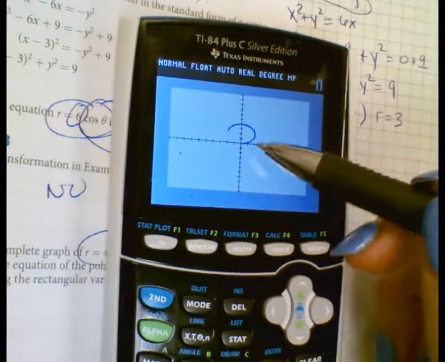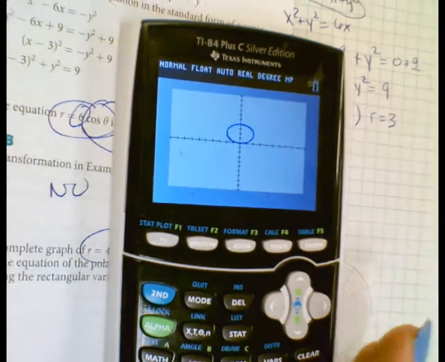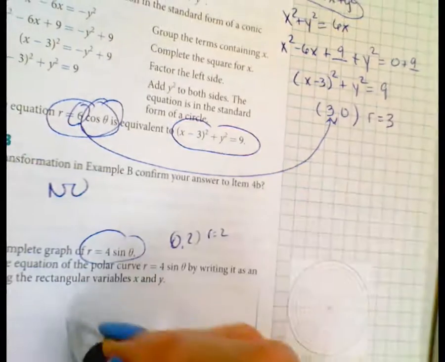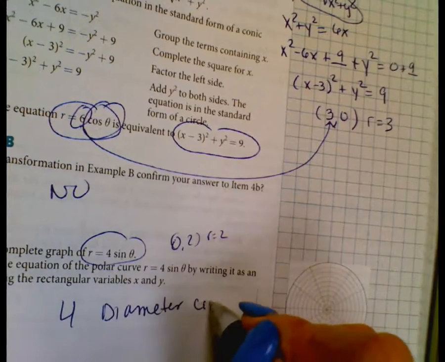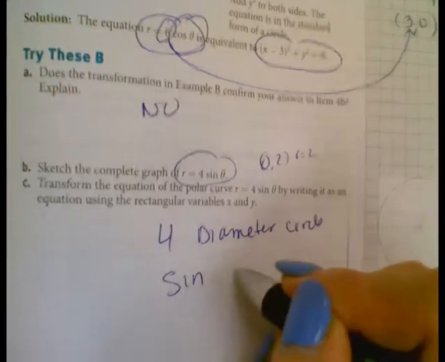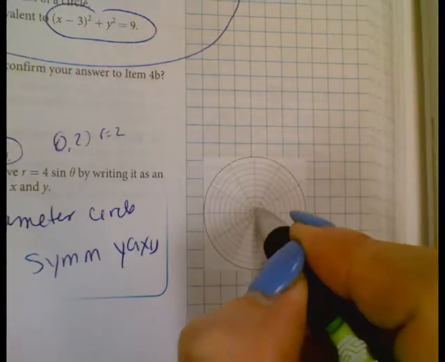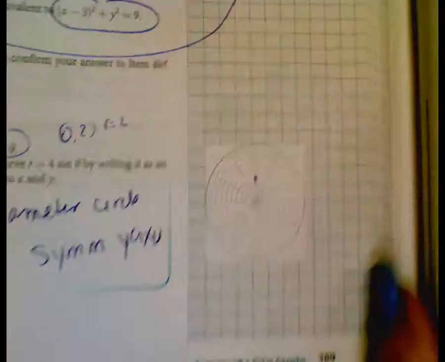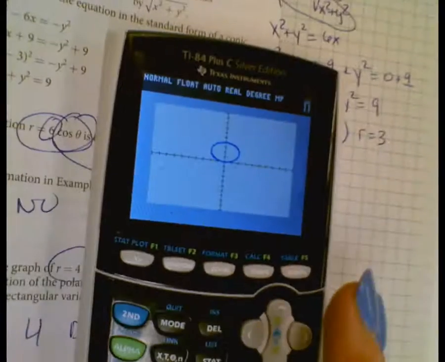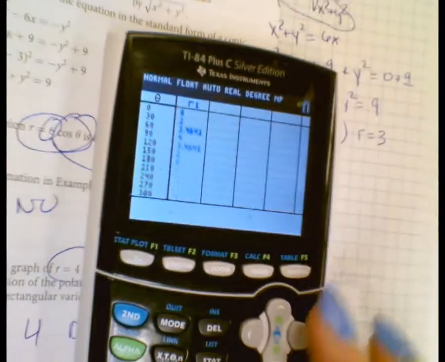See how the diameter is 4. So the 4 is basically telling you the diameter of the circle. The sine is telling you that it's symmetric to the y-axis. If you were just going to do a quick little picture, 1, 2, 3, 4, the center is 2, but you do need some help along the way with these points. So we're going to go to the t-table. I've already got the 30 set up, remember?